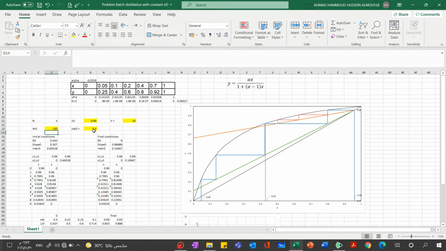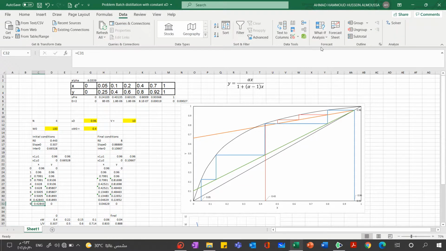For the initial condition, we must have the xw, which is this, equal to 0.4, which is xw naught. So go here to this point, then to Data, What-If Analysis, Goal Seek.